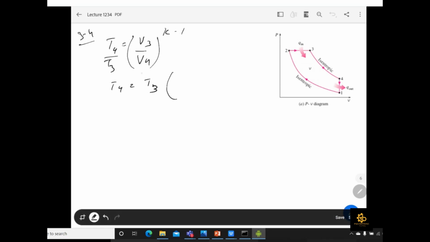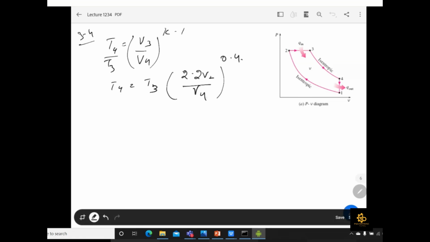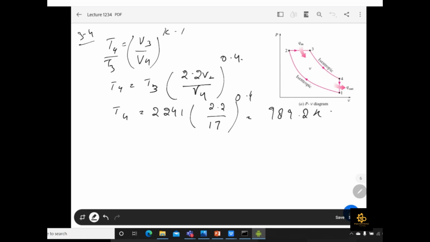As we already practiced in the previous question, V3 is equal to rc, value 2.2, into V2 over V4, to the power 0.4. V4 over V2 is the compression ratio, so T4 is equal to 2241 times 2.2 over 17 to the power 0.4, and that turns out to be 989.2 Kelvin.